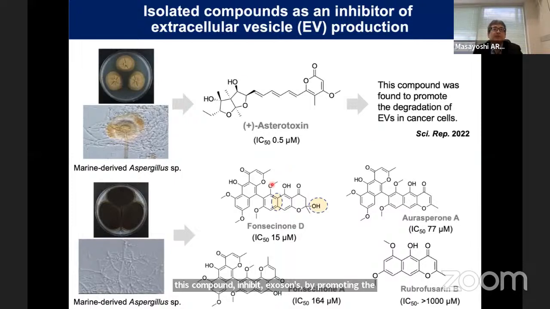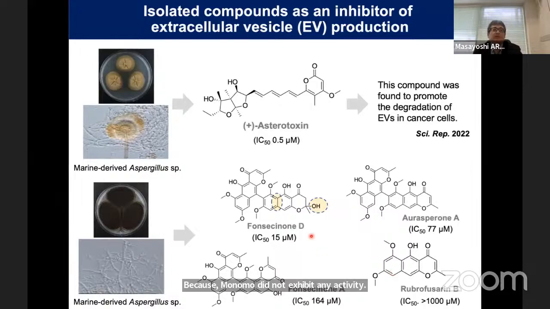Another compound was also discovered from the culture extract of another Aspergillus genus of marine origin, which presents as a dimeric compound. Upon brief consideration of structure-activity relationship, it was suggested that a dimeric structure is necessary for showing the activity, because the monomer did not exhibit any activity.